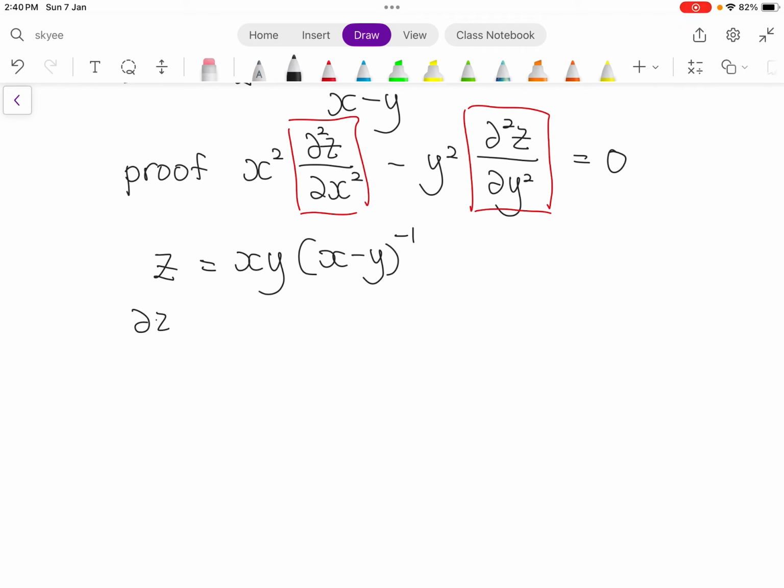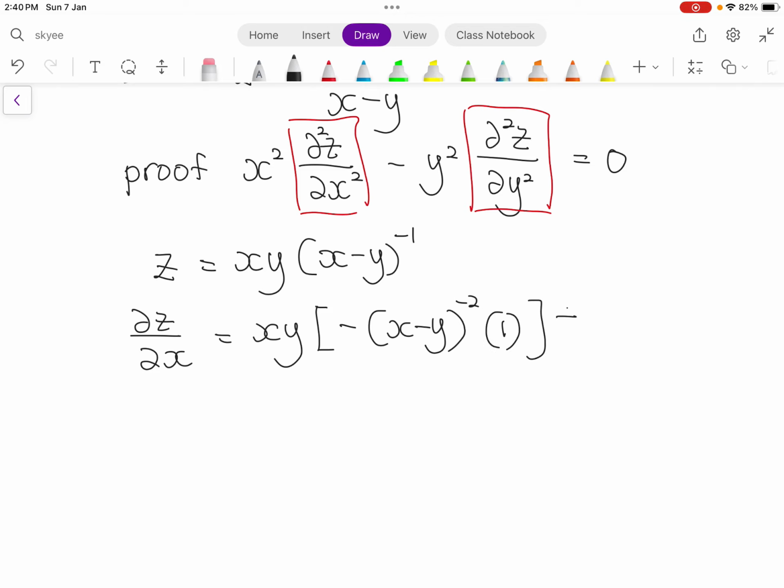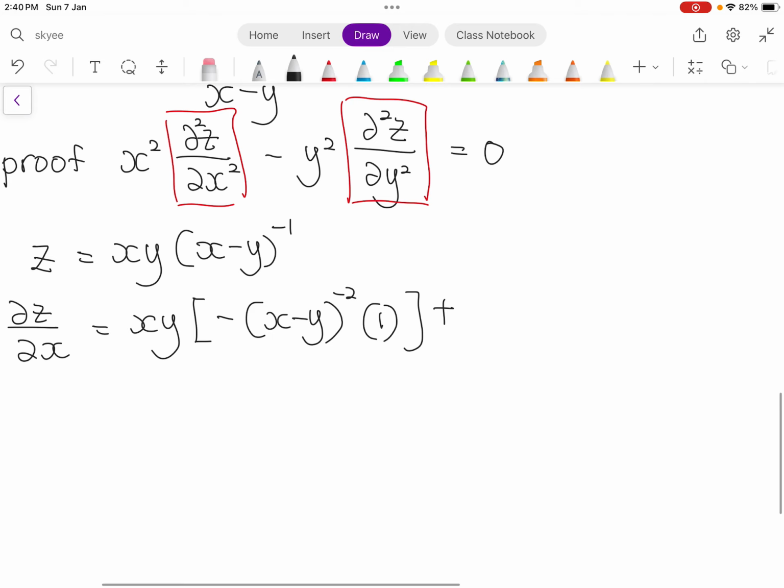So the del z del x will be xy times negative x minus y to the power negative 2 times 1, plus y times x minus y to the power negative 1.